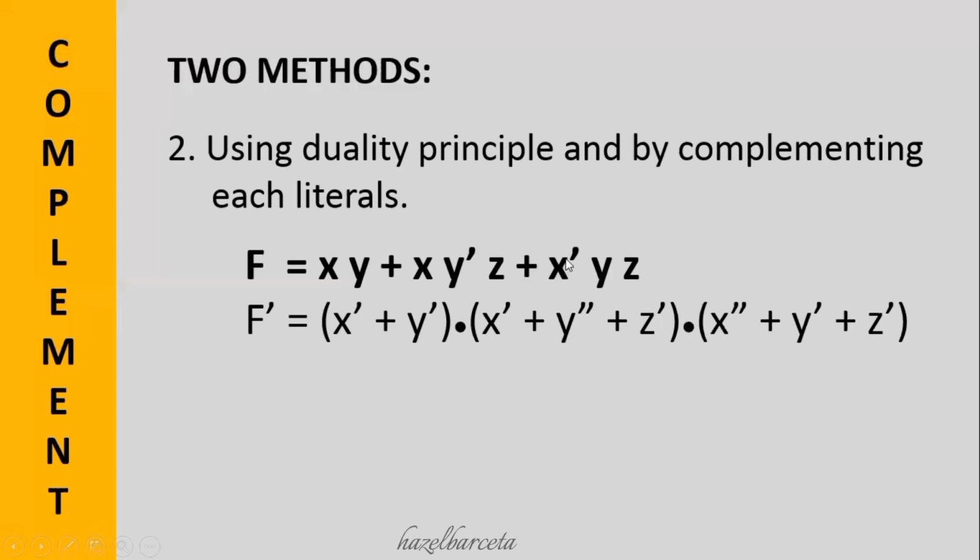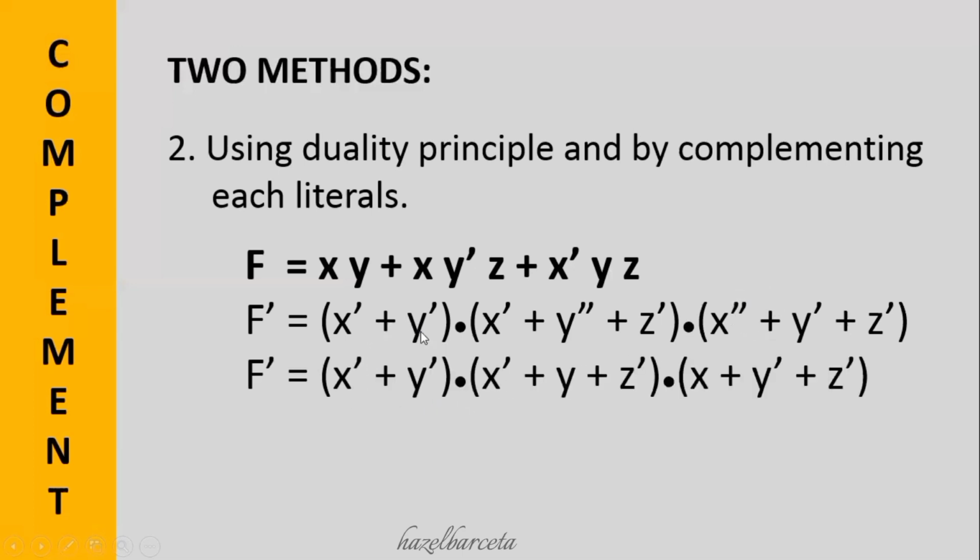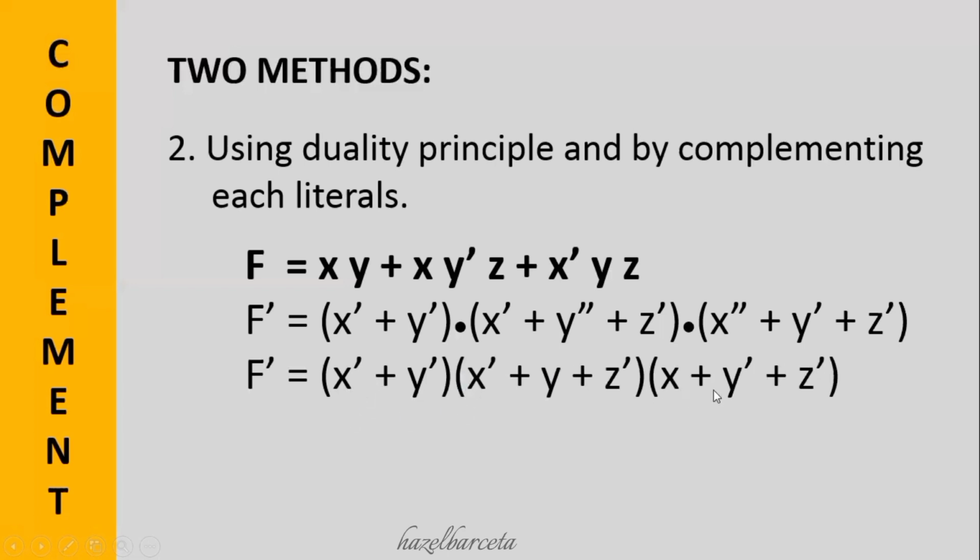Then, x, we have x prime, magiging x double prime plus y prime plus z prime. Just like kanina, ang ating y double prime at ang ating x double prime ay babalik po sa original. The rewrite, this one will be y, x double prime will be x. Okay? And then, since pareho lang naman po yan na multiplication, tatanggalin na po natin, rewriting. So, this one. Here is the answer of the complement ng function na ito. Just the same po nung kanina.